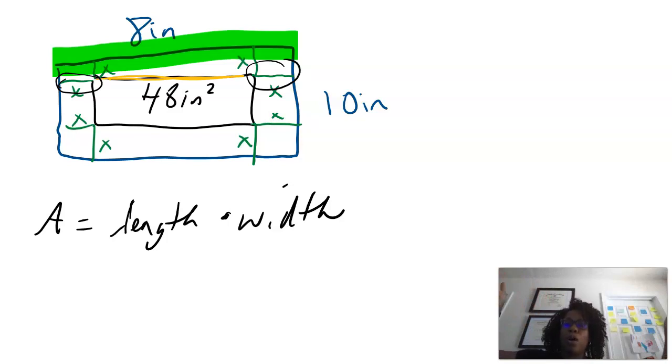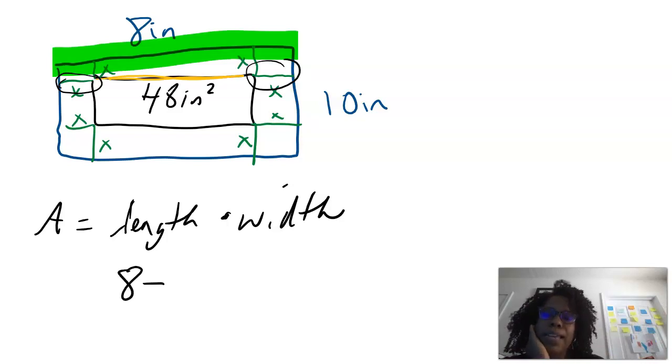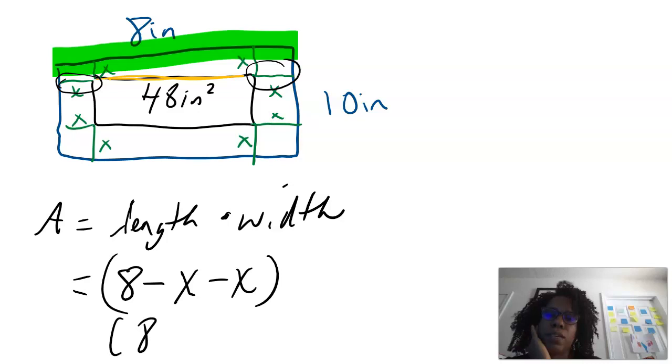It can't be as long or as wide as the rectangular frame itself, or else it won't fit inside of it. So we'll do 8 minus the unknown x on this side, minus the other unknown x that I've circled on the other side. So that's 8 minus 2x. And now we'll multiply, but first let's set up how we would find the width.